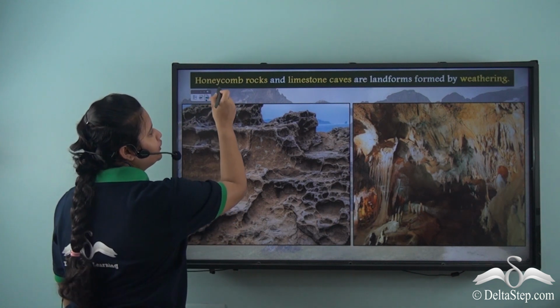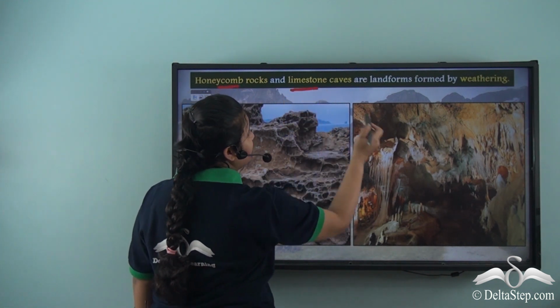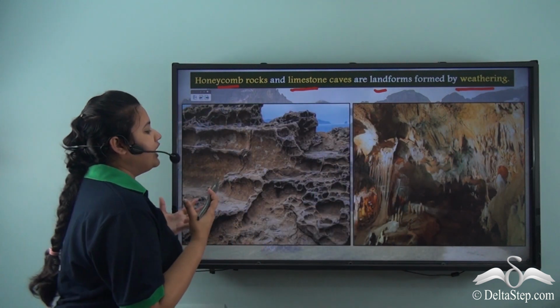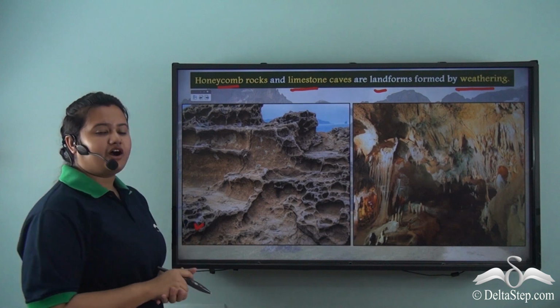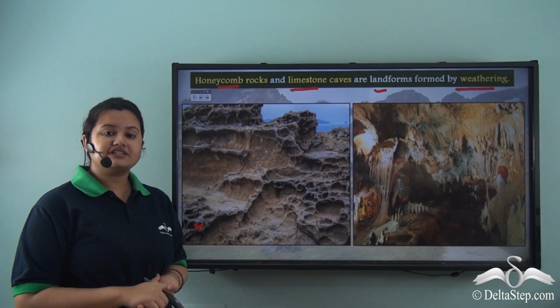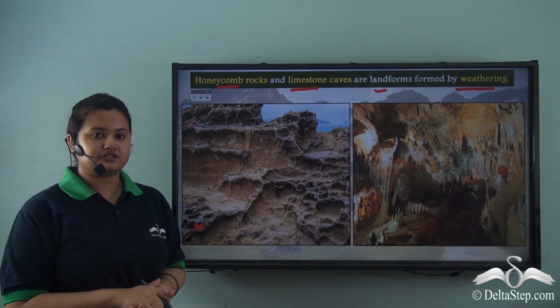Well, the honeycomb rocks and limestone caves are landforms formed due to weathering. Now, honeycomb rocks are found in coastal areas and therefore sea waves constantly crash on these rocks.